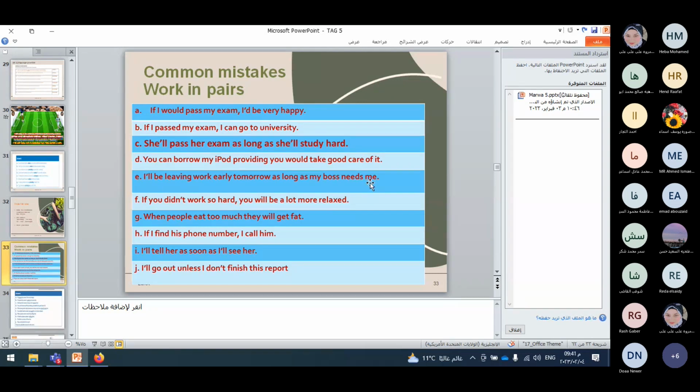What's wrong with this sentence? Or it's already right, correct? Think a little bit. I'll be leaving work tomorrow as long as my boss needs me. Want to be.